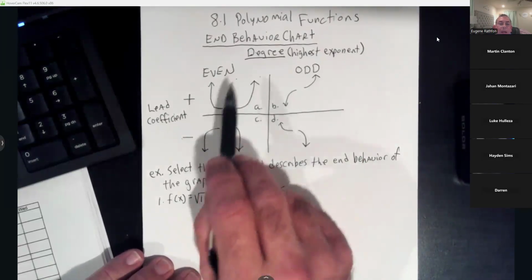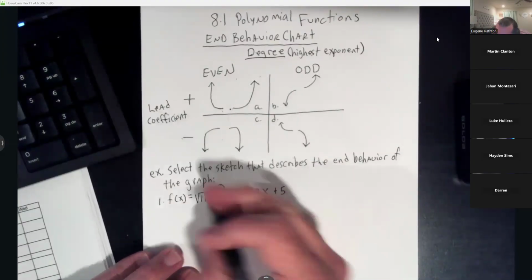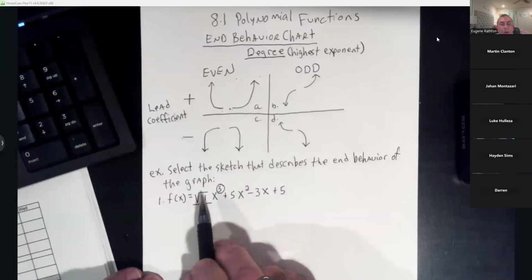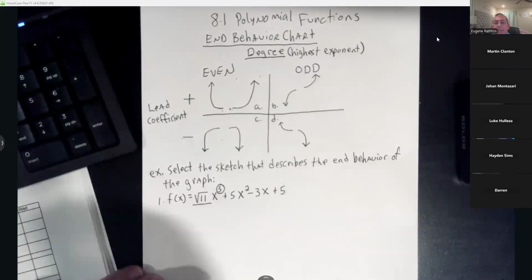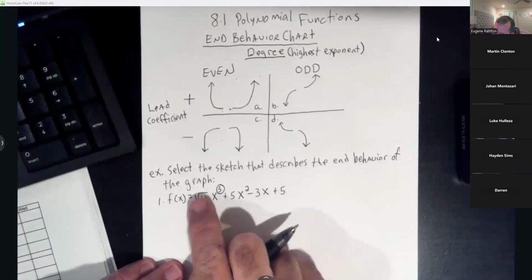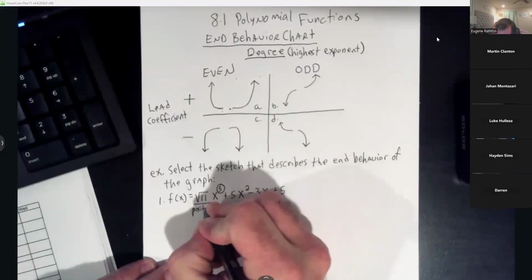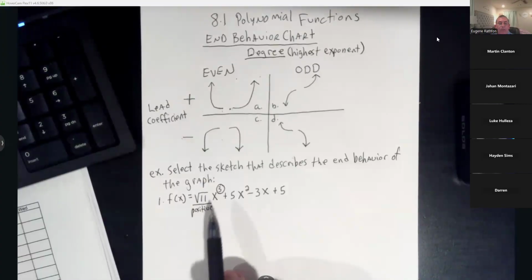So then I look at the lead coefficient. The lead coefficient is the square root of 11. But I don't care what it equals. I just want to know, is it positive or negative? And y'all, that square root of 11 is positive. So I got an odd degree with a positive lead coefficient.